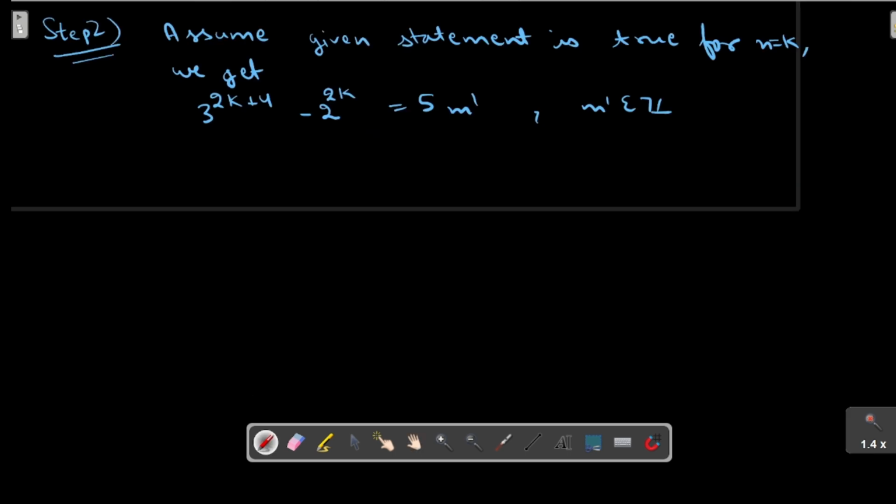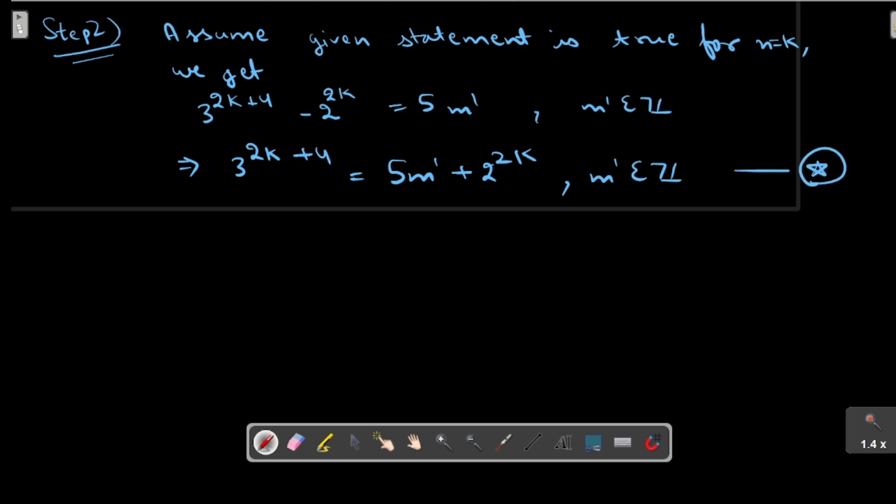We get this. Let's just rearrange this term before moving ahead. So 3 to the power of 2k plus 4 will be 5m dash plus 2 to the power of 2k, where m dash belongs to integers. Let's label it as star.